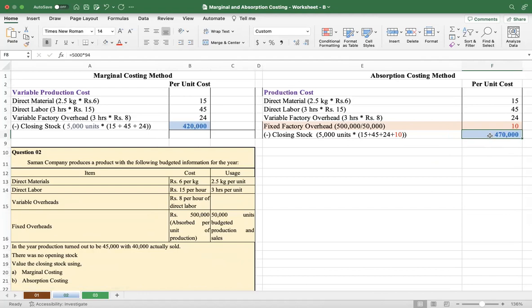The closing stock that we obtained using the absorption costing method. Remember that always, if there are any fixed factory overheads, then the value will be different. The absorption costing method will have the higher valued closing stock. Okay, copy down the answer now.